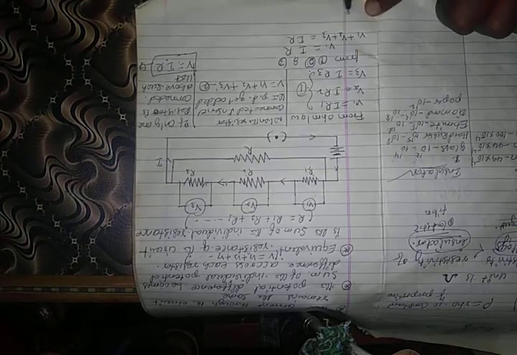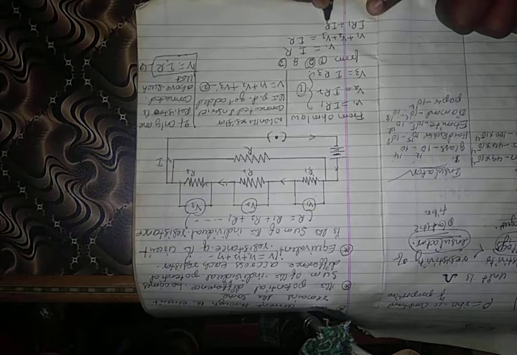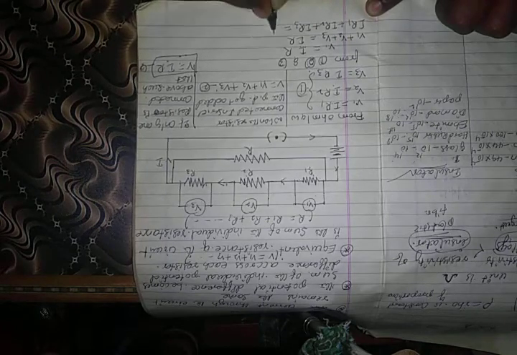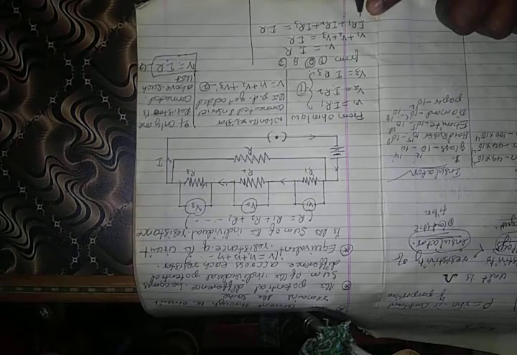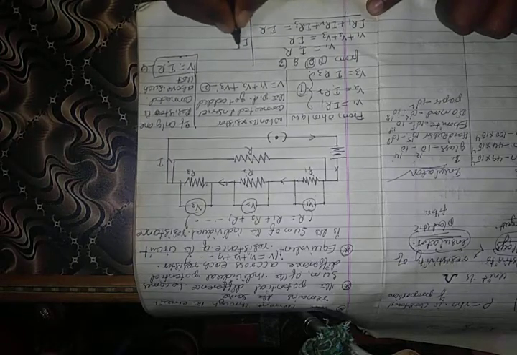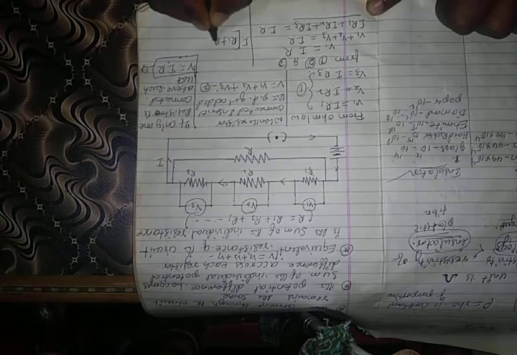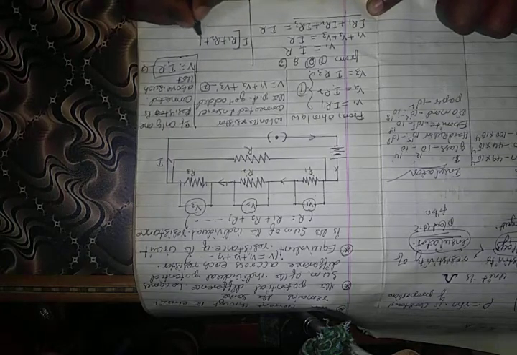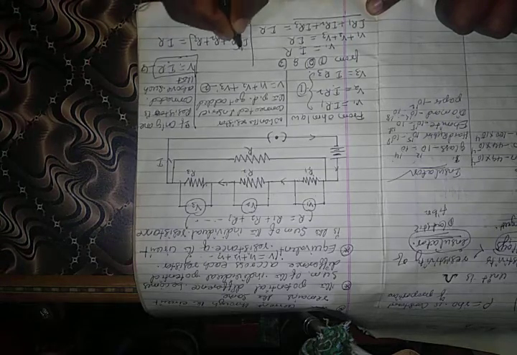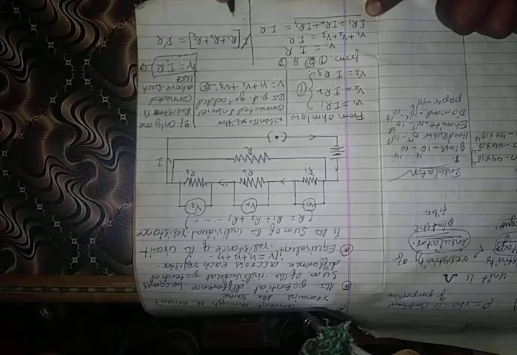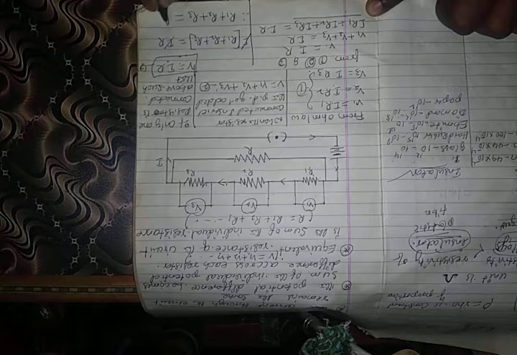So V1 is IR1, V2 is IR2, and V3 is IR3, equal to IR on the right side. Taking I common on the left side, I into R1 plus R2 plus R3 is equal to I into R on the right side. So I on the left and right get cancelled, therefore R1 plus R2 plus R3 is equal to R.